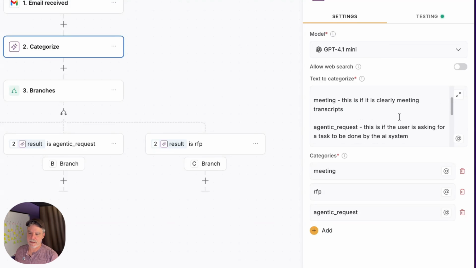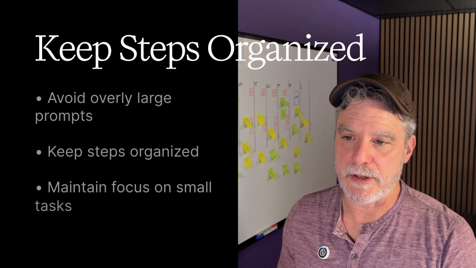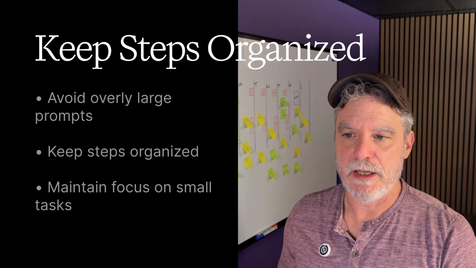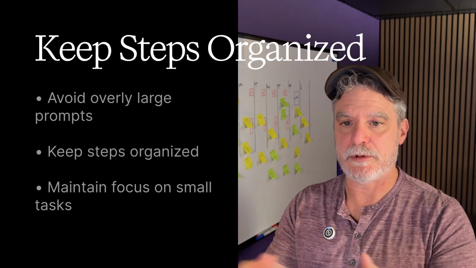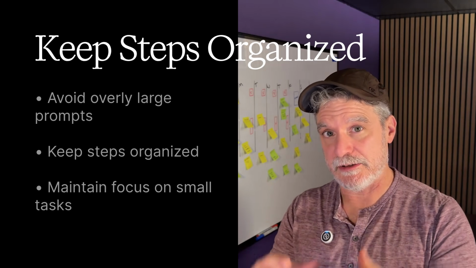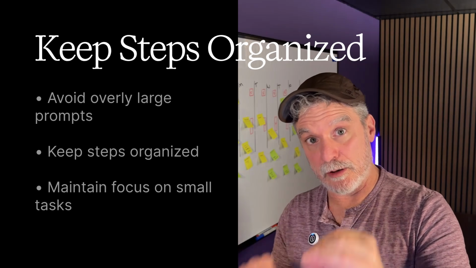So in the end, if you take time to build a good prompt, then you will pretty much have 100% success. The times you don't have 100% success with AI, other than the bad prompts, is typically when there's just too big of a prompt. You're asking too much out of a step. So keep these steps organized, small, and focused.